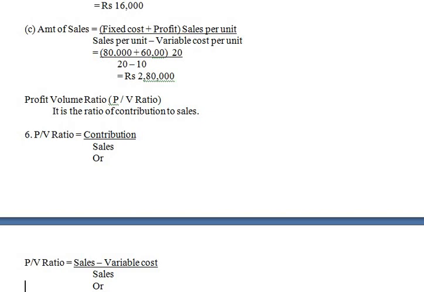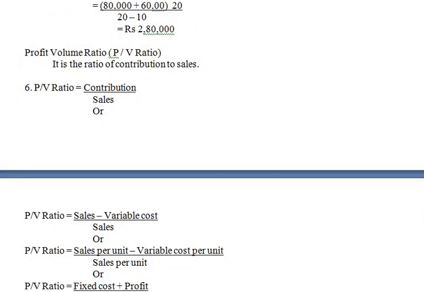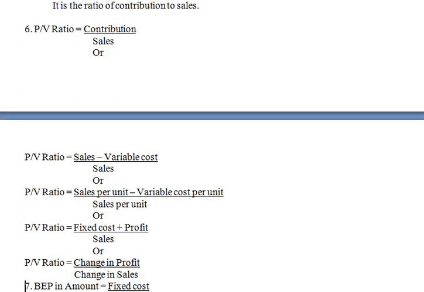PV ratio is equal to contribution divided by sales, or sales minus variable cost divided by sales, or sales per unit minus variable cost per unit divided by sales per unit, or fixed cost plus profit divided by sales.